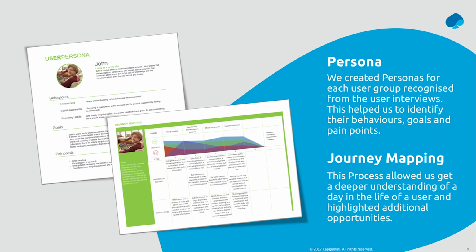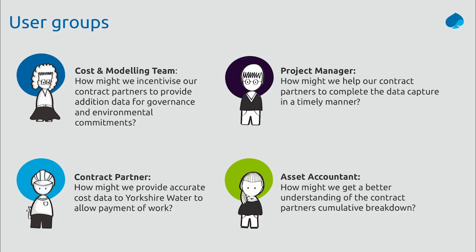So once we had the persona and journey mapping, we created our defined user groups. We had the costing and modelling team, a project manager, a contract partner, and an asset accountant. Again, we asked the how might we question for each user group because we wanted to see what this meant to them. As you can see, there are a lot of different opinions on what they wanted from the system.